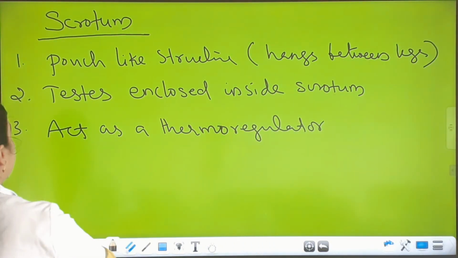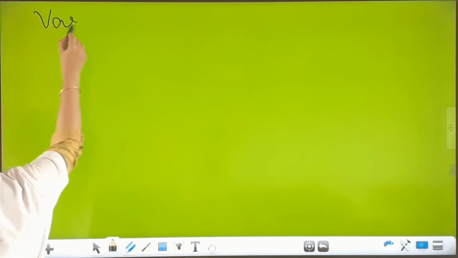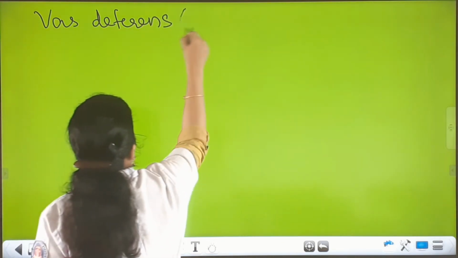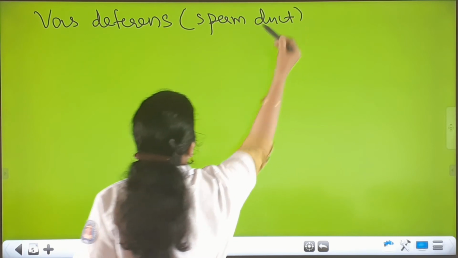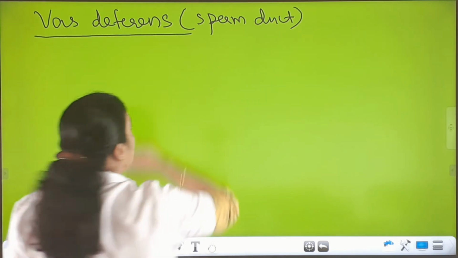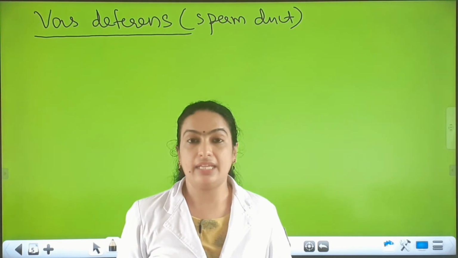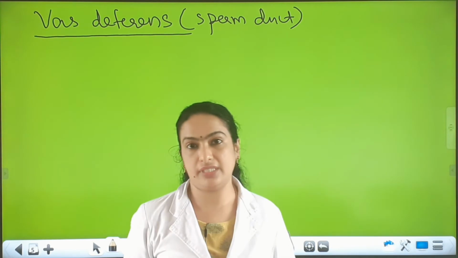Next we can see the third one, vas deferens. Vas deferens or sperm duct. They are also paired structures. So here the sperm produced by the testis is carried by a long tube called a sperm duct.